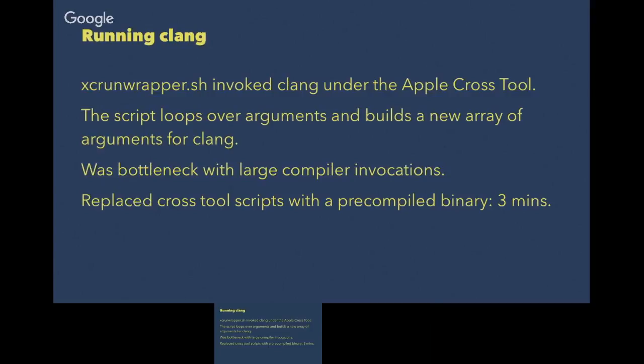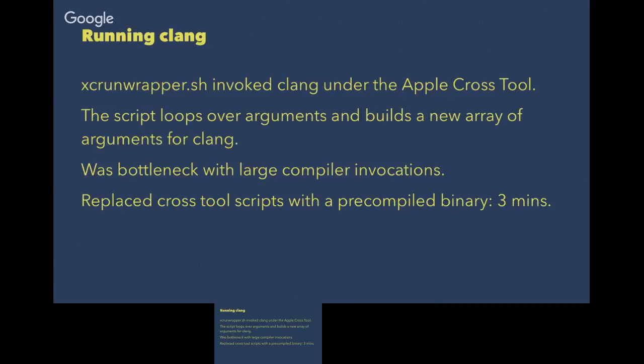And so at the edge of this, the cross tool is invoking the XC run wrapper. And in this script, there's actually a loop over a massive input, and it's doing string processing in Bash, not to mention that it's several shell scripts launching shell scripts.